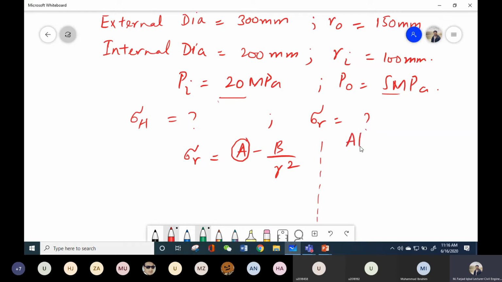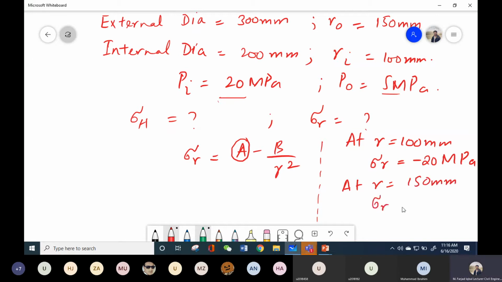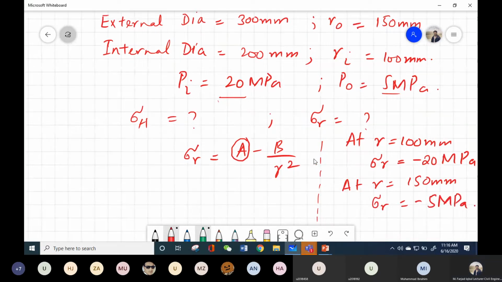The first condition is that at R is equal to 100 millimeter, sigma R is equal to minus 20 megapascal. And similarly, at R is equal to 150 millimeter, sigma R is equal to minus 5 megapascal, right?